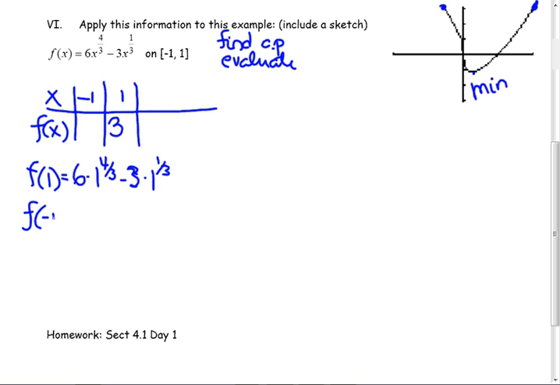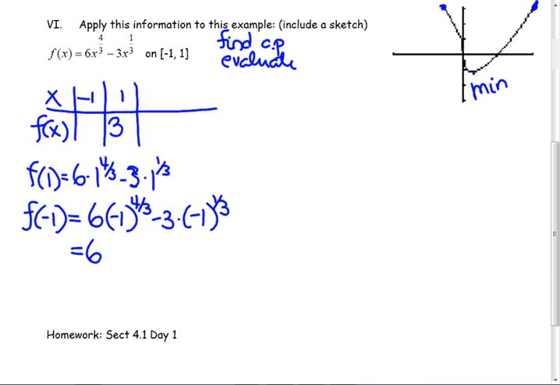What's f of negative 1? Well, no, you've got to be careful. I don't know what it is. Now, I don't care what that number is. You're going to raise it to the 4th power. Would that be positive or negative? Positive. So this is going to be 6.